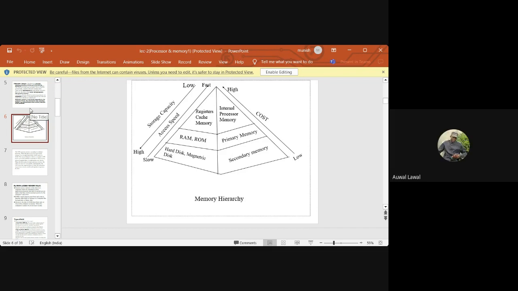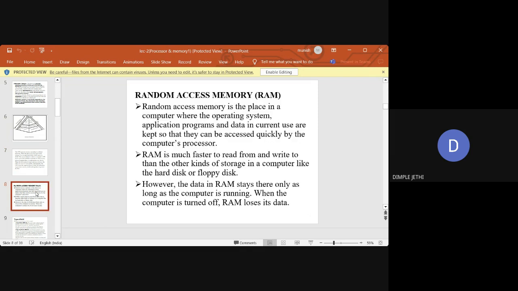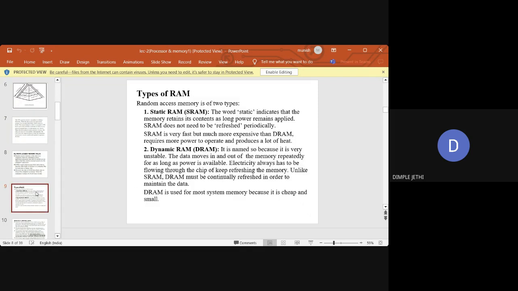Registers and cache memory. Yes, registers and cache memory. Good. So these are internal memories. Then I started with RAM, right? Types of RAM. And from here, I have to start today.